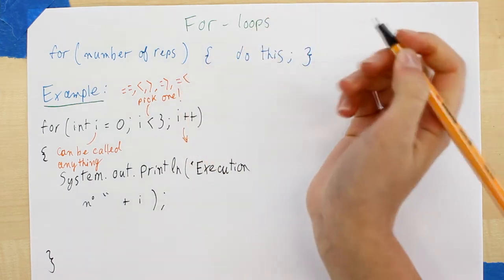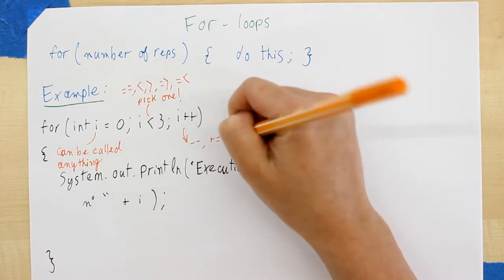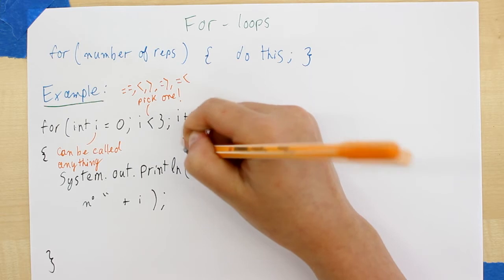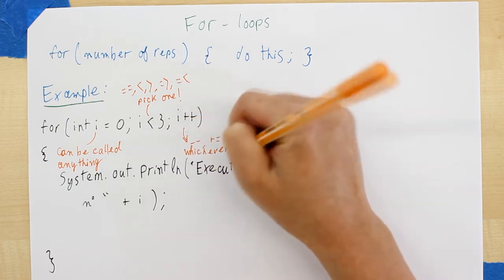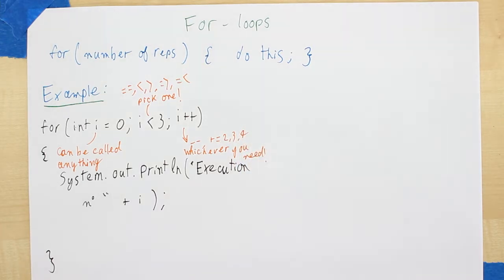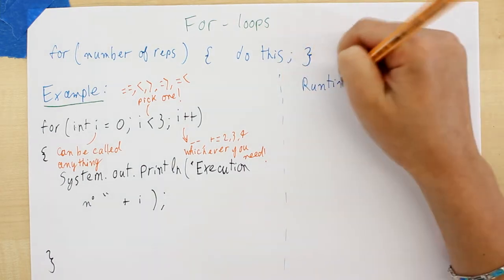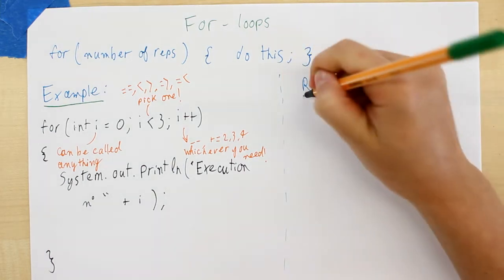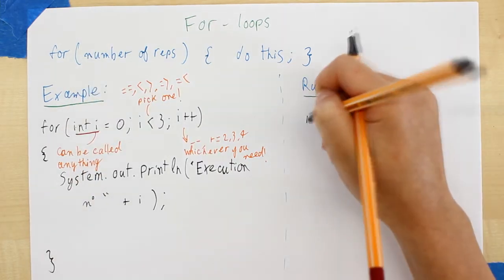And also i++, which means add 1 to i, is not obligatory either. You can do i--, which is i minus 1, or i equals i plus 2, or 3 times something. It's up to you. Any mathematical expression.